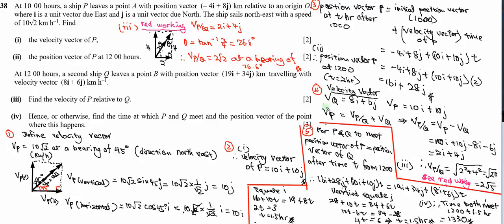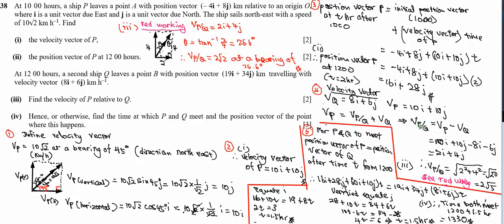Using the standard formula, we want to find V of P relative to Q, making VPQ the subject. So VP, bring over VQ, becomes minus VQ. When you substitute the velocity vector P and velocity vector Q inside, you get 2i plus 4j.